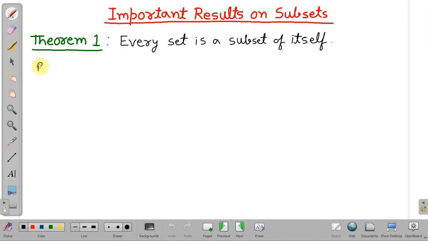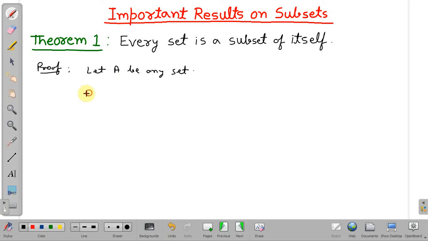Suppose A be any given set, let A be any set. So we can clearly observe that each element of set A will be contained in A itself.